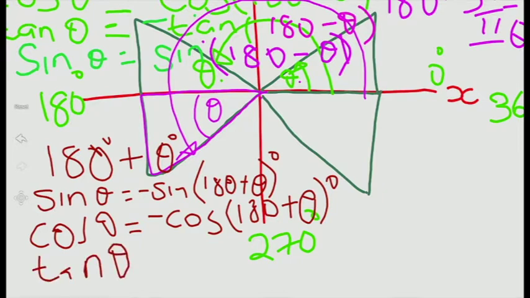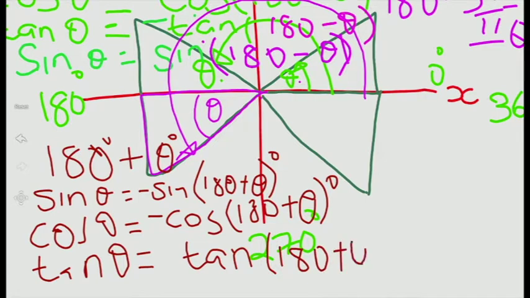The tangent of theta, we know from the first quadrant, is equal to the tangent of the angle in the third quadrant, which is 180 plus theta degrees. So these are the trigonometric ratios of angles in the third quadrant. The sine is negative, the cosine is negative, and the tangent is positive.